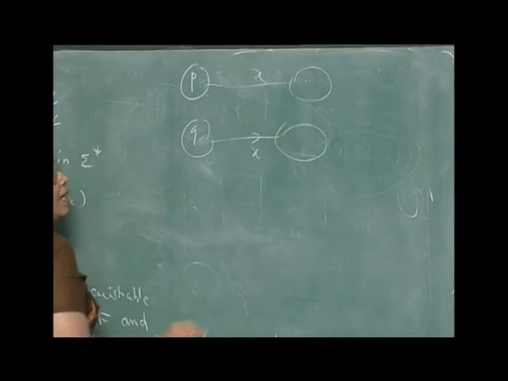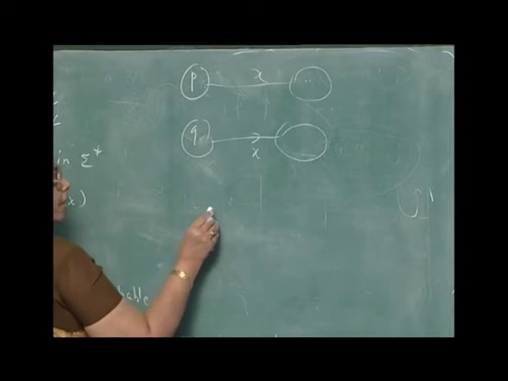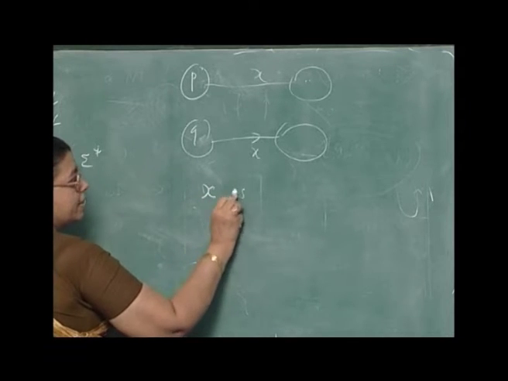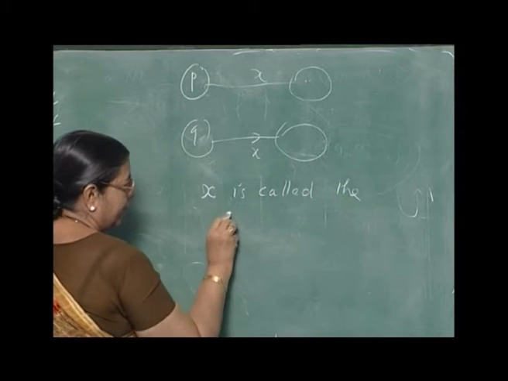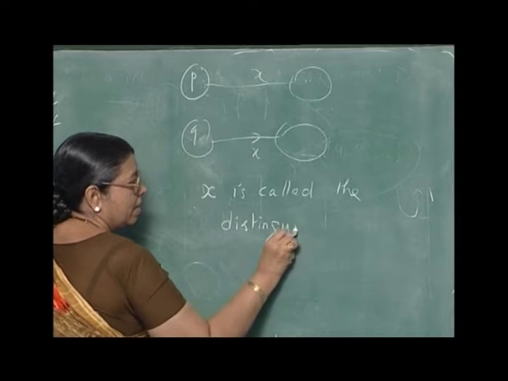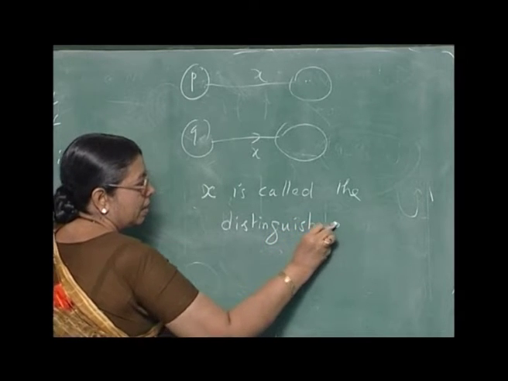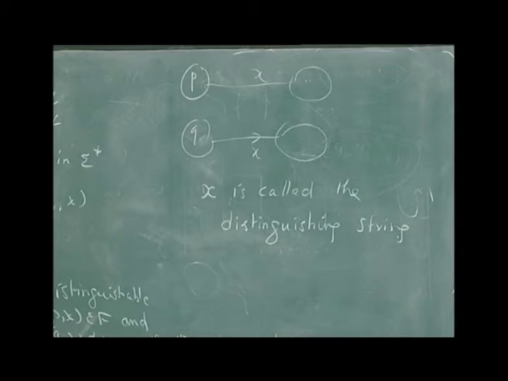One of them will be a final state and one of them is not a final state. Then P and Q are distinguishable. In that case x is called the distinguishing string, or sequence.